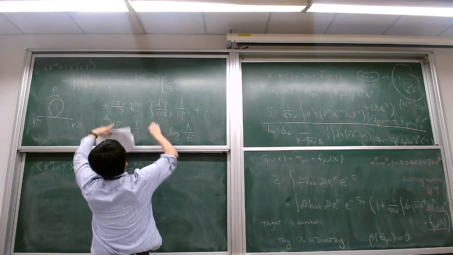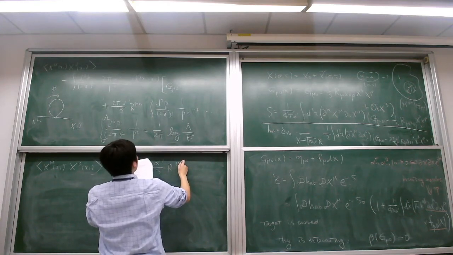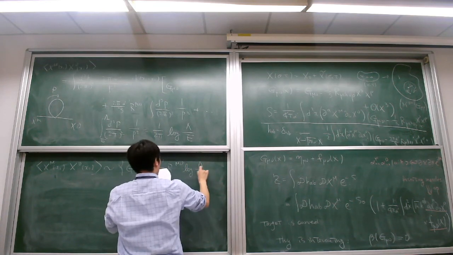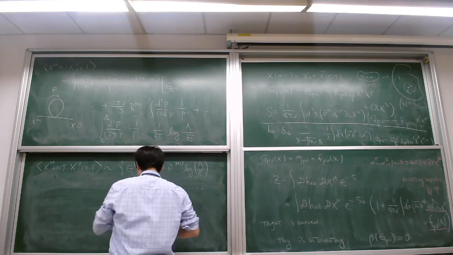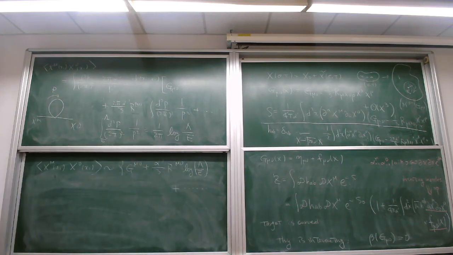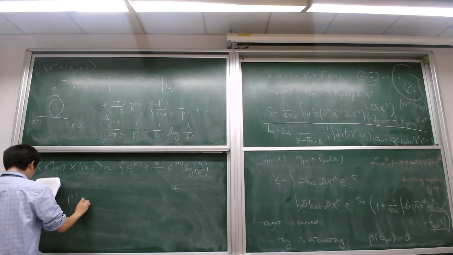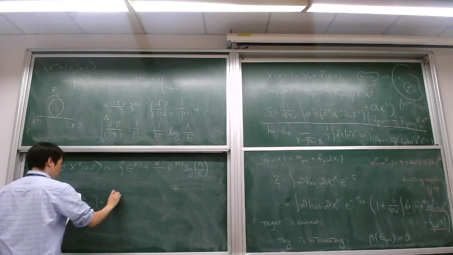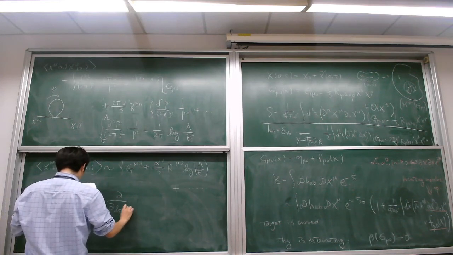Plugging this into here, up to some factor, I'm not careful again, what you get is the one loop correction plus subleading correction. And then if you take the beta function of g mu nu, it is partial log epsilon.